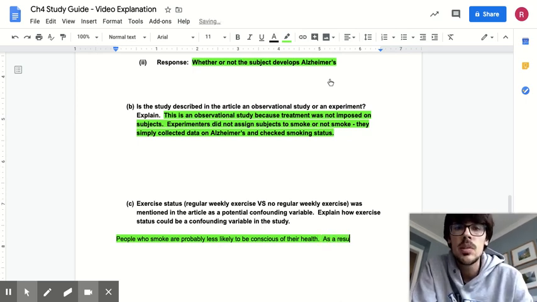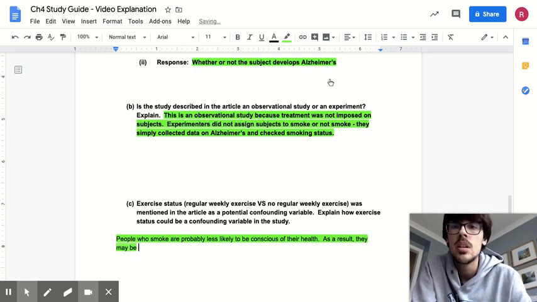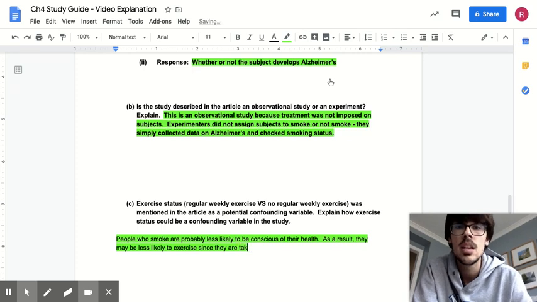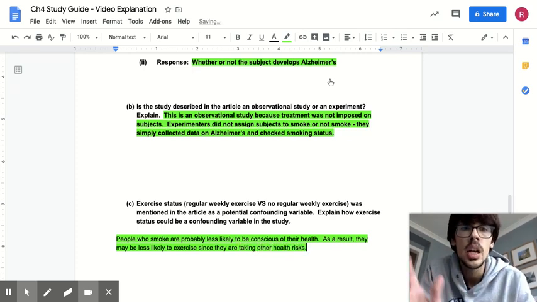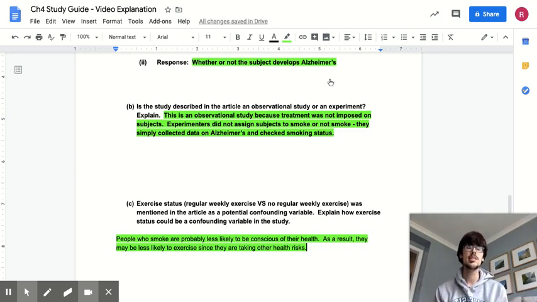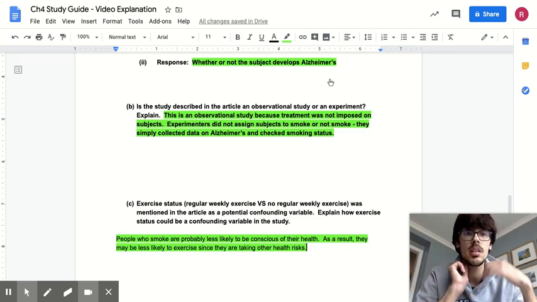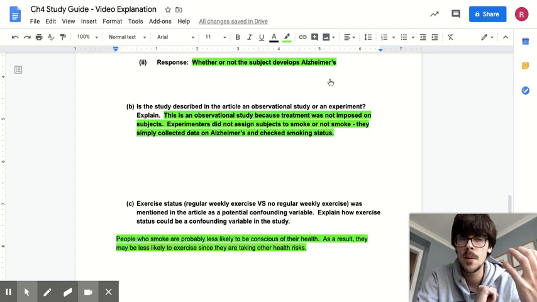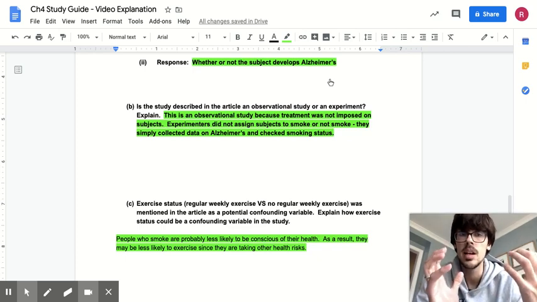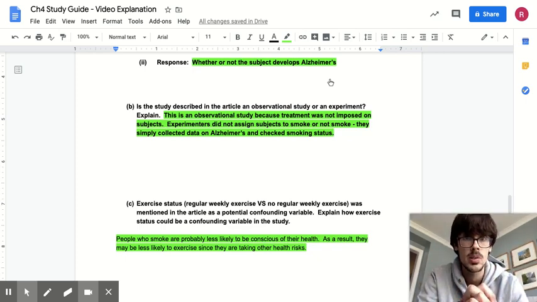As a result, they may be less likely to exercise since they are taking other health risks. Again, writing this off the cuff, so that gets the idea across that basically people who smoke are probably less likely to exercise. You have to make that connection first, okay?